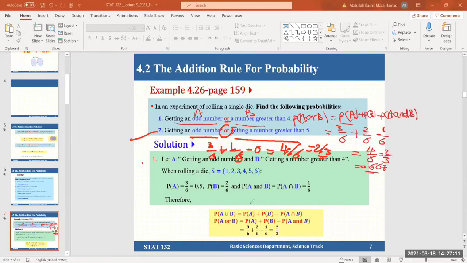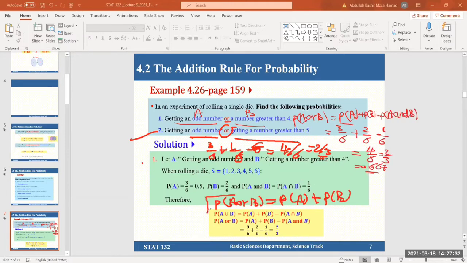So in this case, we use P of A or B equals P of A plus P of B, because actually the intersection equals 0. So we just do addition. We call this the addition rule.